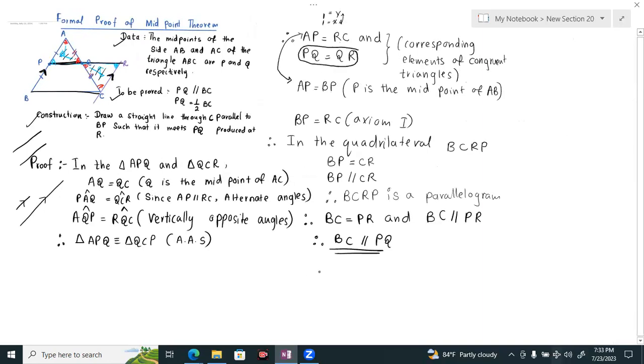Okay, if I want, I can write here PQ equals QR, corresponding elements of congruent triangles. Okay, and I can write PR as PQ add QR.